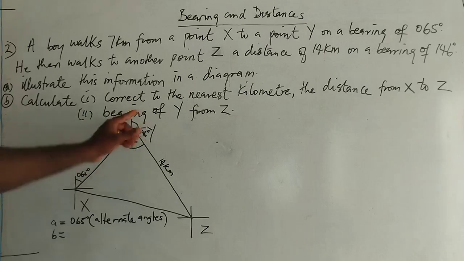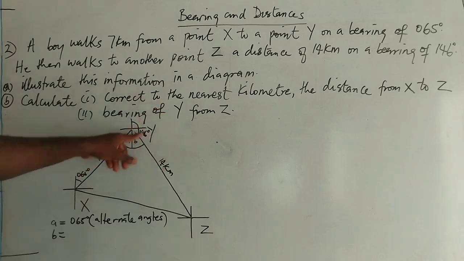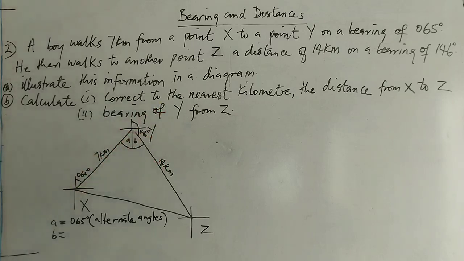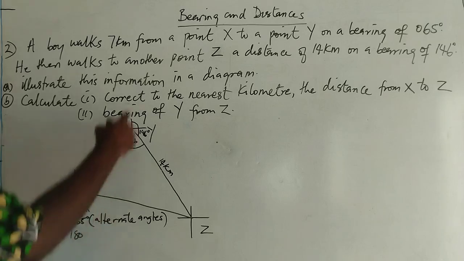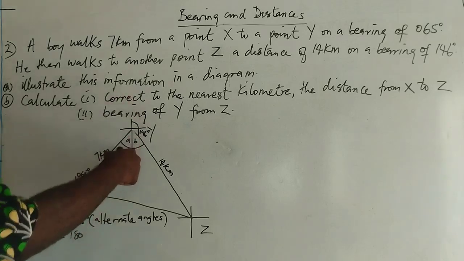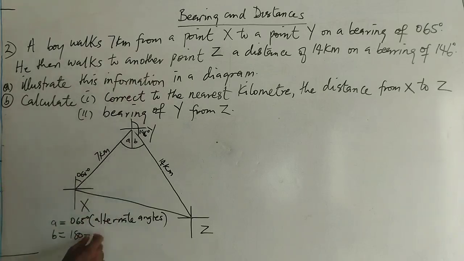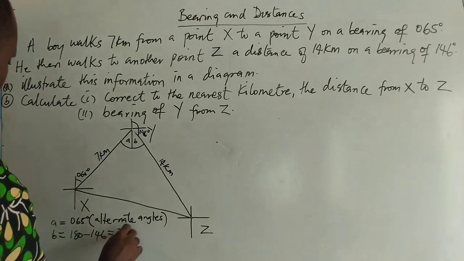So if we have 146 already given, to get the remainder of that angle, we will say 180, which is the sum of the angles on that straight line, minus 146. And if you do that, you will get 34 degrees.